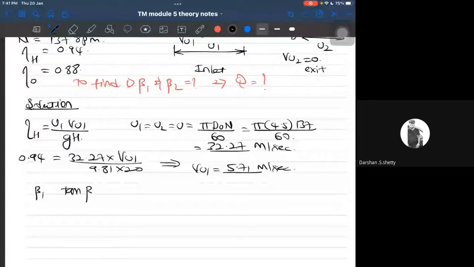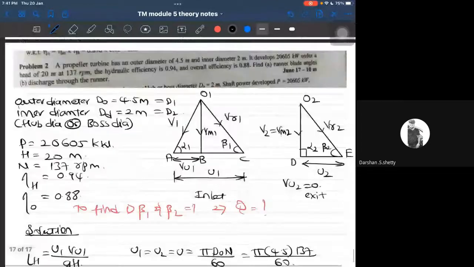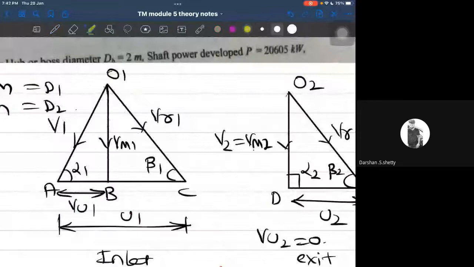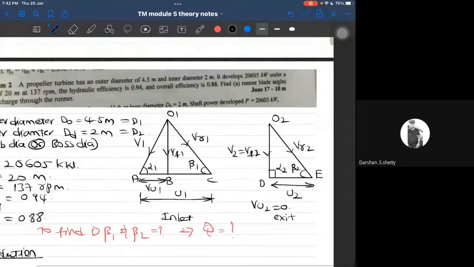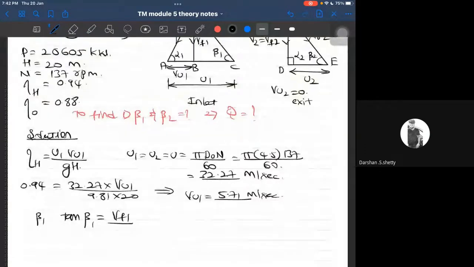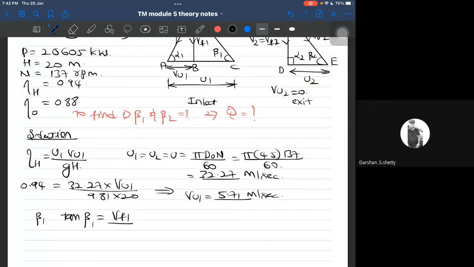VF1. Again, I will change here. It is VM, this is VF. Even this is also VF here. Now, what is tan beta 1? Tan beta 1 is VF1 divided by U1 minus VU1. Of course, you know the value of U1 and VU1, but you don't know the value of VF1.